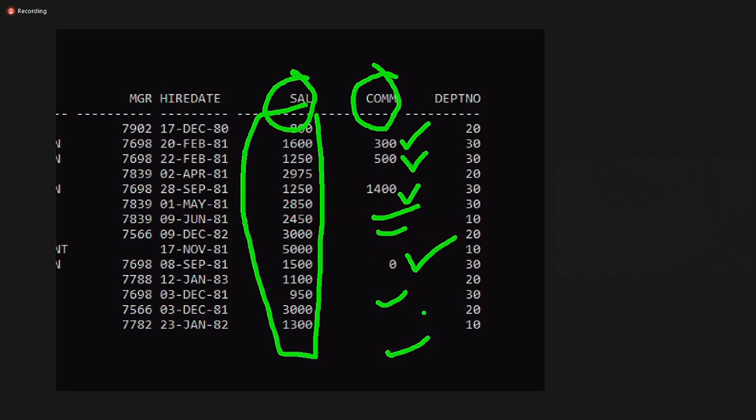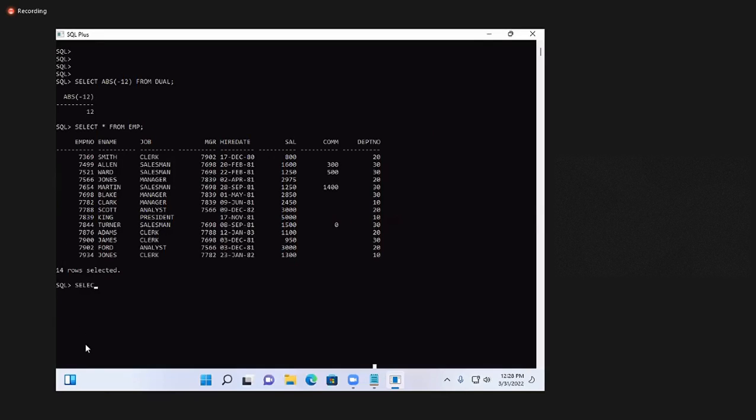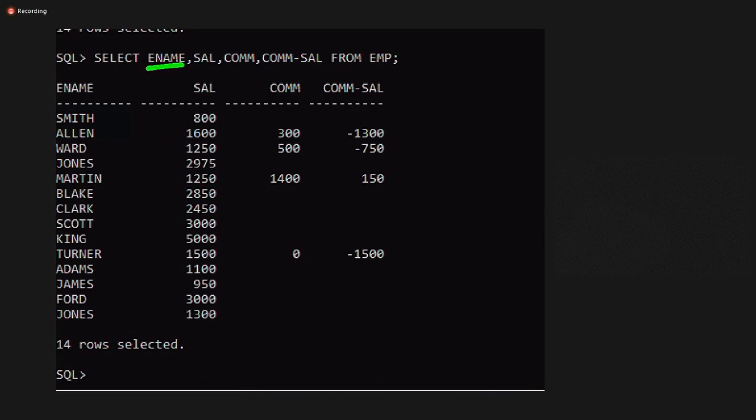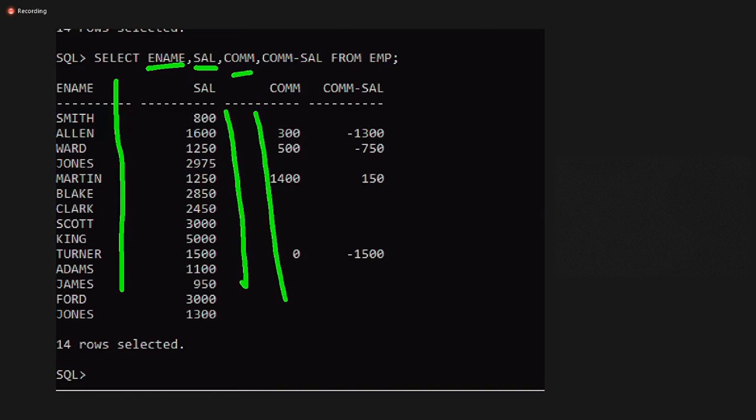Now I'm going to write: employee name, I want to display salary and commission, and later I want to display commission minus salary from the EMP table, because I'm taking these columns from the EMP table. Now I executed it. Can you see all the names are displayed with their salaries and commissions? But can you see commission minus salary?